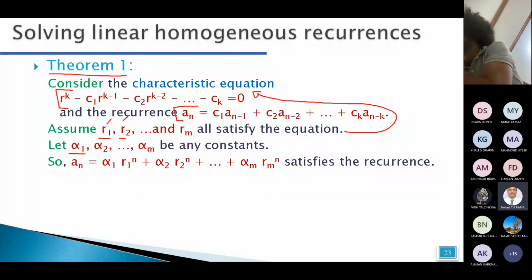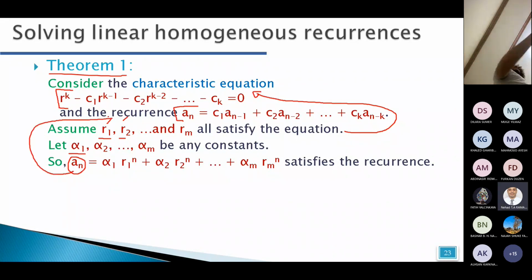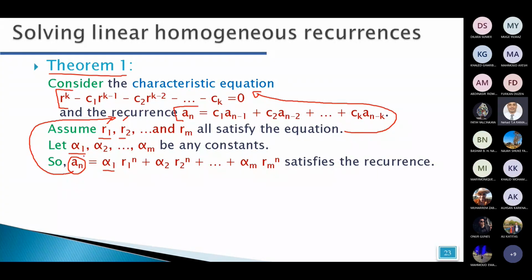If we have two solutions, then two constants, and an, which is the sequence or the solution for the recurrence relation, is alpha 1, the first constant, multiplied by R1, the first solution for the characteristic equation, power n, plus alpha 2, another constant, times R2, another solution, power n, and so on.